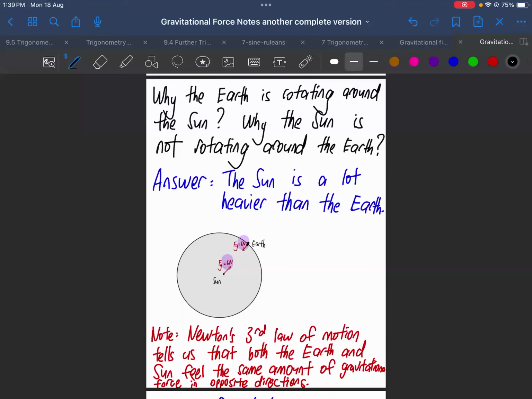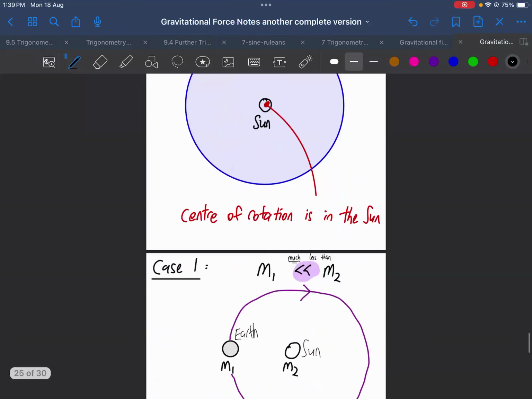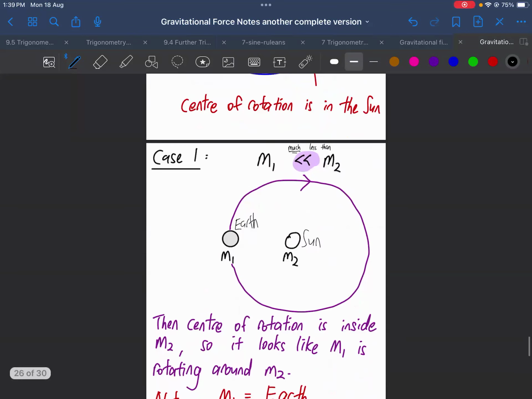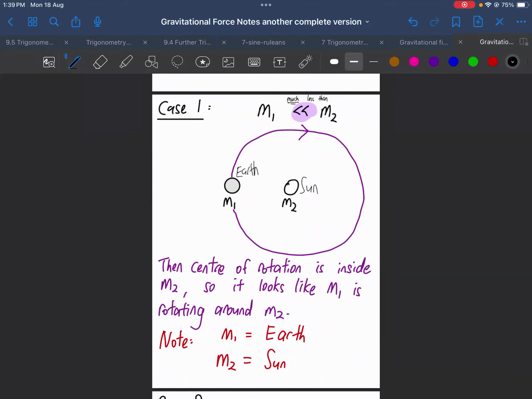And the same logic applies to circular motion. The heavier you are, the more reluctance you have to move. Now, have a look at this. The mass of the Earth is much, much, much smaller than the mass of the Sun.